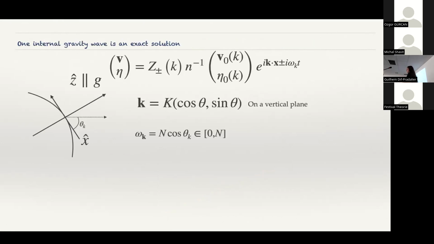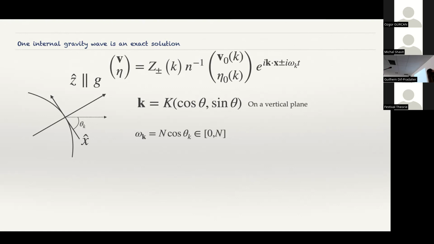And if you plug in a plane wave like that, of one wave, you will get that this is an exact solution of this whole nonlinear Euler equation with gravity, and you will get that omega k, this is the dispersion relation, where theta k.